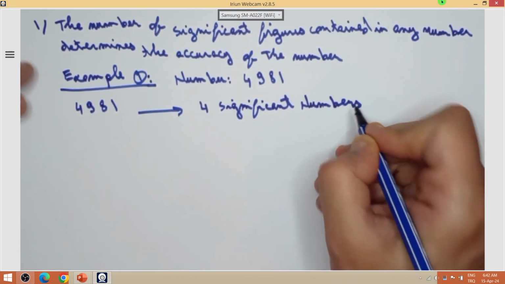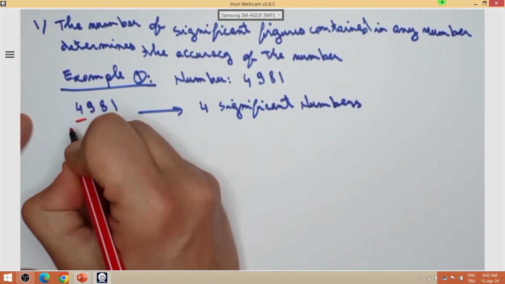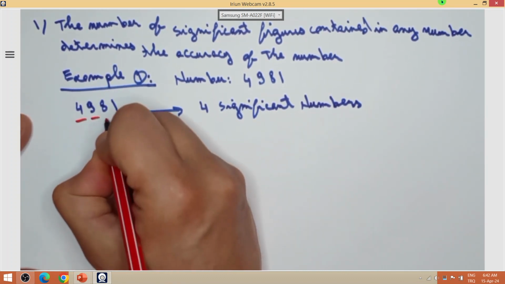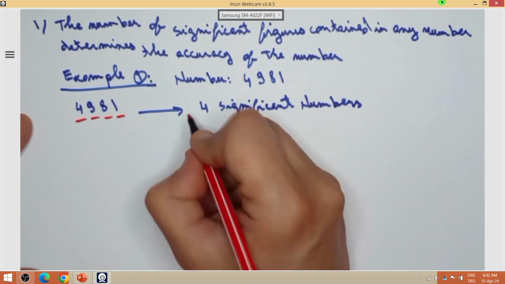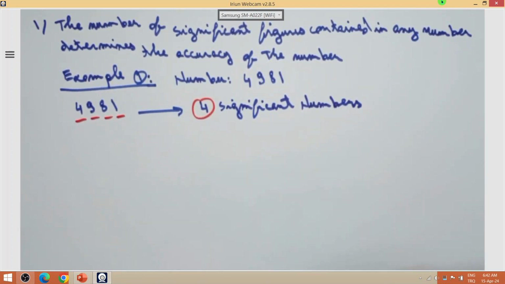Why 4? Why do we have 4 significant numbers? We have 1, 2, 3, 4. So 4 significant numbers. So this was about note 1.